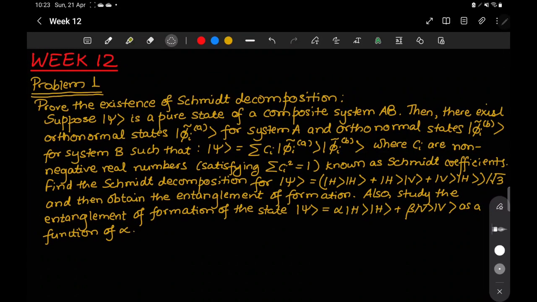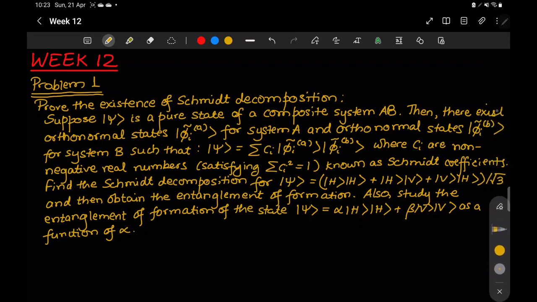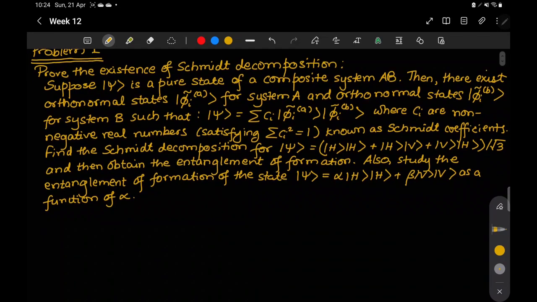Then there exist orthonormal states phi A for system A and orthonormal states phi B for system B, such that psi is a superposition of tensor products of phi A phi B with Ci as the coefficients, which are non-negative real numbers, such that the sum of Ci squared is equal to 1.